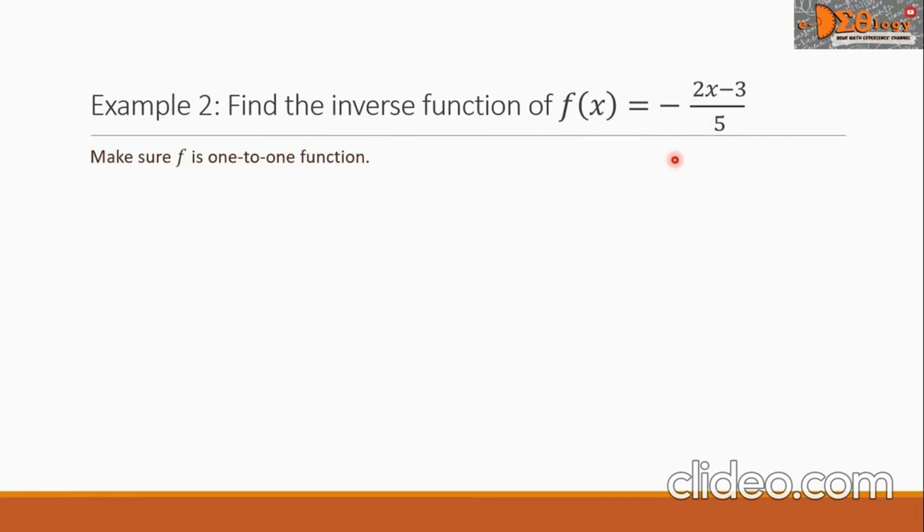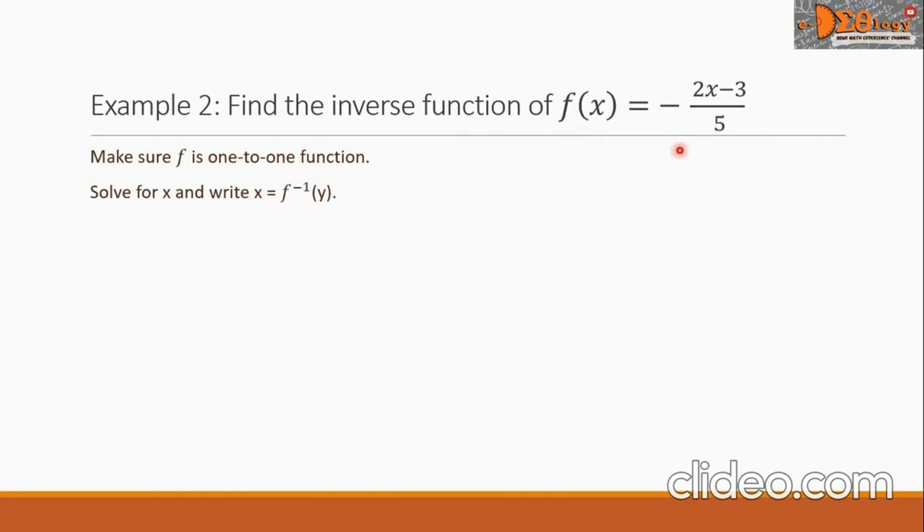Also, if I put a permissible value for x, a unique value for y will come. So it means to say, this function is a 1-to-1 function. Now we are going to solve for x and write x equals f inverse of y.